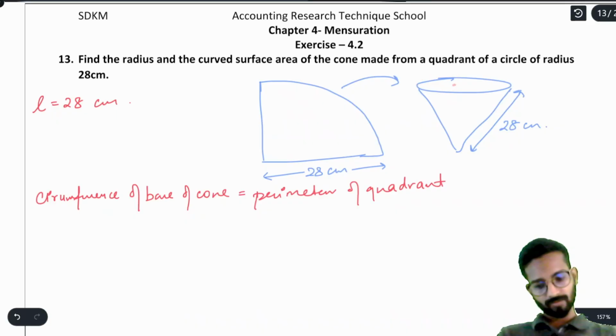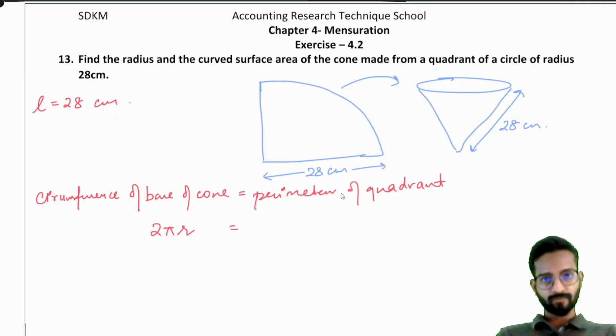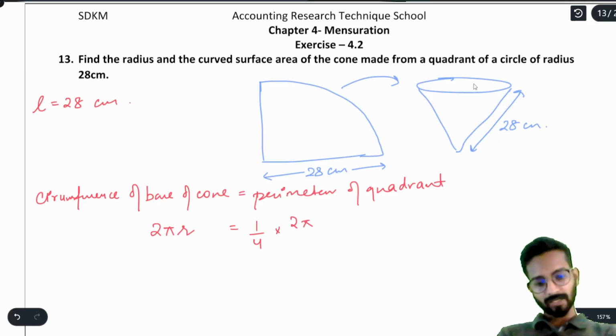Now we know the circumference of the base of the cone, which is a circle, is 2 pi r, and the perimeter of the quadrant: the quadrant is 1/4 of the circle. So 1 by 4 of the perimeter of the circle, which is again 2 pi r only. But remember, I am assuming this as small r, and the radius given is 28 centimeter.